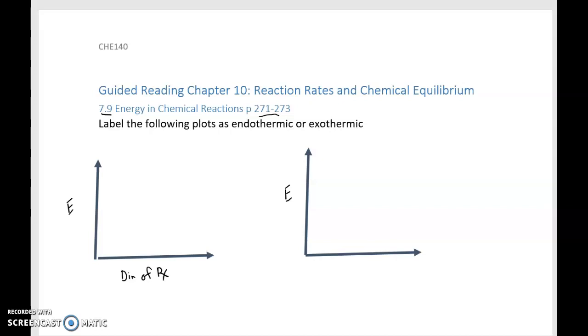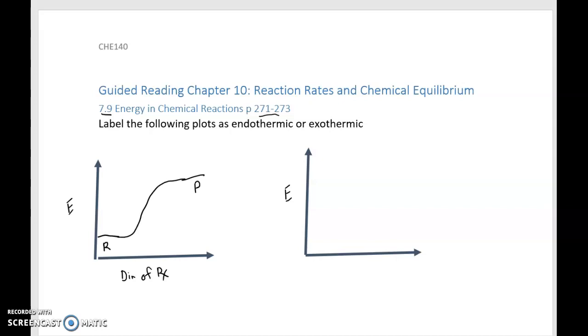Okay, so when we start a reaction, our reactants have a certain amount of energy. That's our reactants, and our products have a certain amount of energy. Better if I could draw straight lines, but that's okay. And during the reaction, the amount of energy changes.